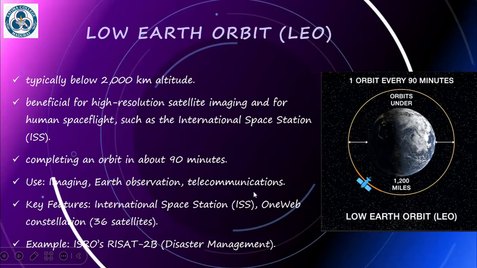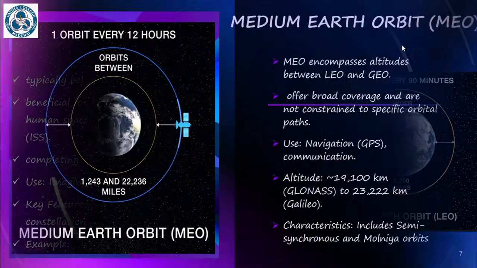The applications include Earth observation and imaging, remote sensing, and some telecommunication constellations and scientific missions. In the slide, examples include the ISS and constellations like OneWeb. An ISRO example mentioned is a satellite used for disaster management and monitoring.